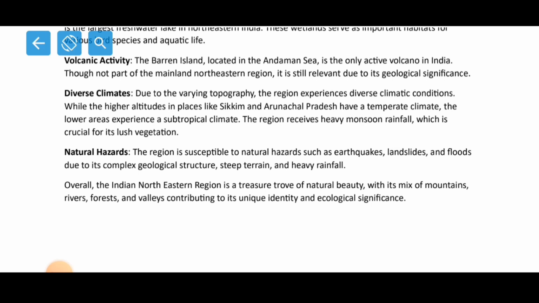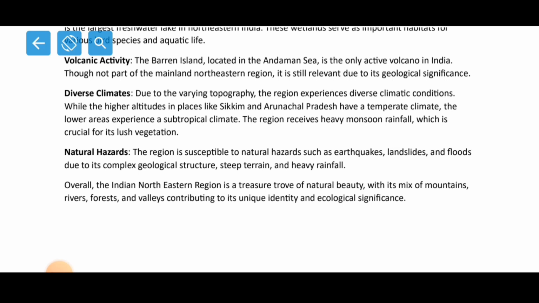The location is not leveled; somewhere it is high, somewhere it is low, somewhere it is very low. So because of that, in case of any natural calamity like earthquake, landslides and floods, we may have to face the consequences if we are not prepared well.